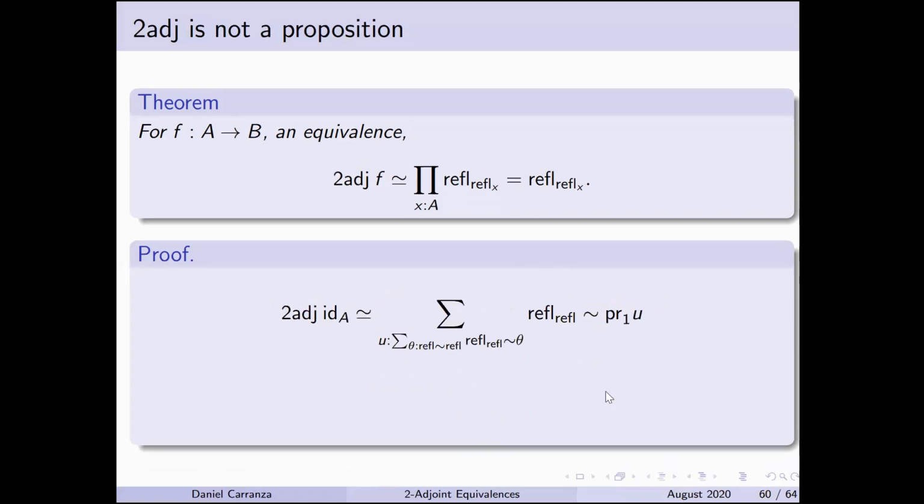And now, if I stare at this type here, the type of U, I know from based homotopy induction that once again, this is a contractible type. Theta is going to contract to just refl x. And so after I do that, I get this type. And once again, I unfold this definition and I get exactly the equivalence that I'm looking for.